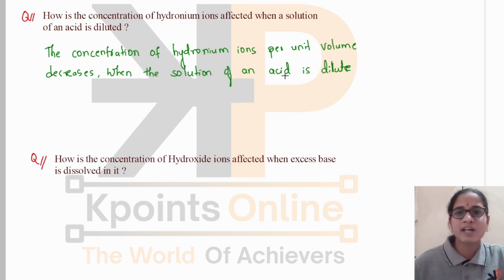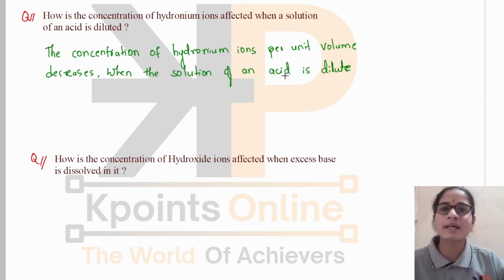You might have seen in your home also, if you prepare lemonade, lemon juice using lemon and sugar and water, you have prepared a perfect lemonade from it. What happens if you add some water to it? Is there any change in the taste? Yes, of course, you feel the change in the taste as the quantity of sugar seems reduced. Actually, the quantity of sugar is not reduced, but the lemonade that you had prepared is diluted.